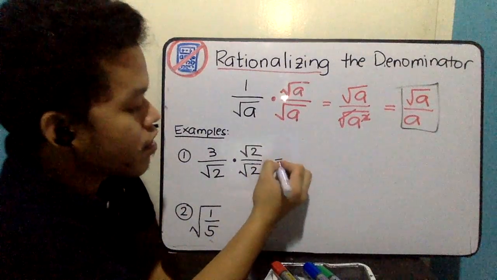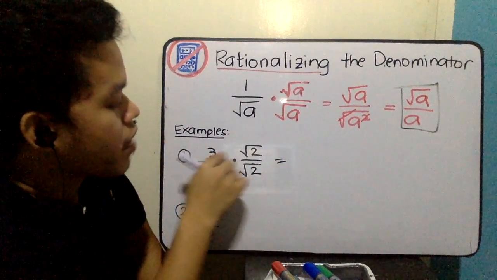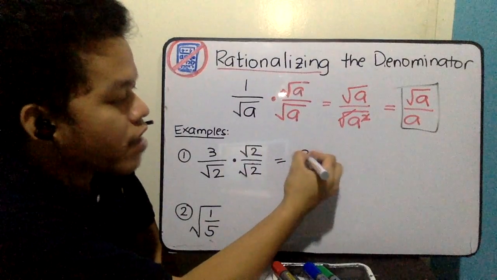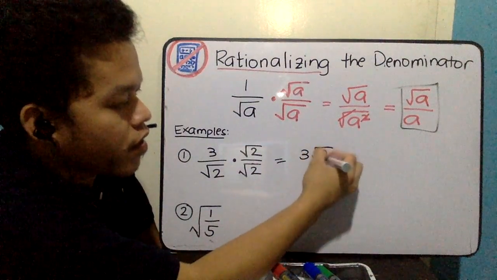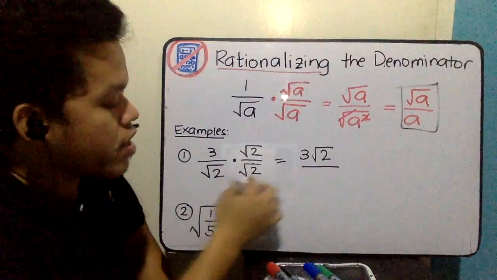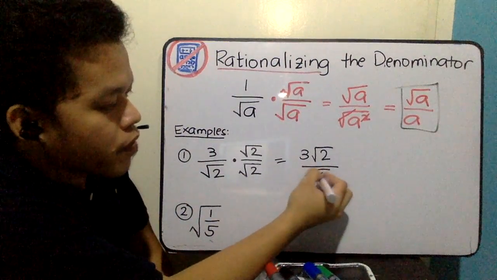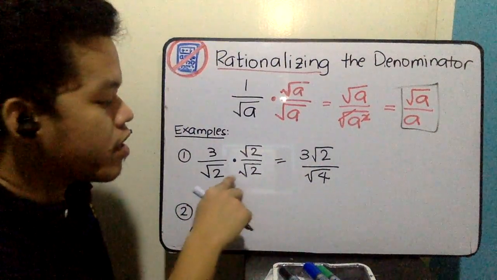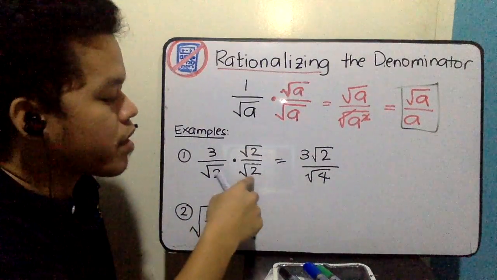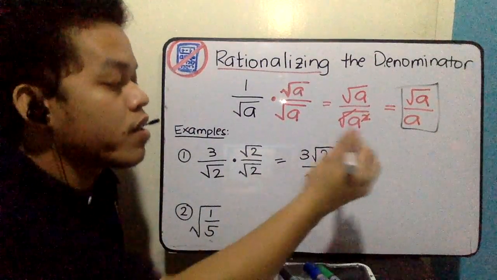When you do that, you cannot multiply 3 and the square root of 2, but you can actually combine them as 3 square root of 2, all over, when you do this, square root of 4. So why are we actually doing this? It is actually transforming the denominator into a perfect square. Okay?